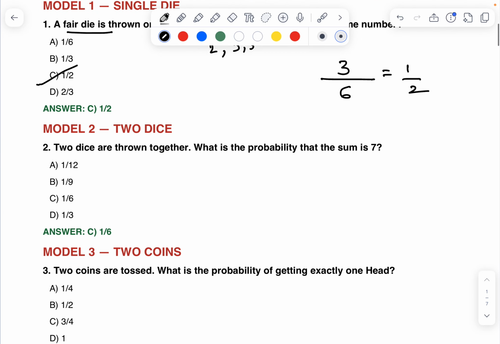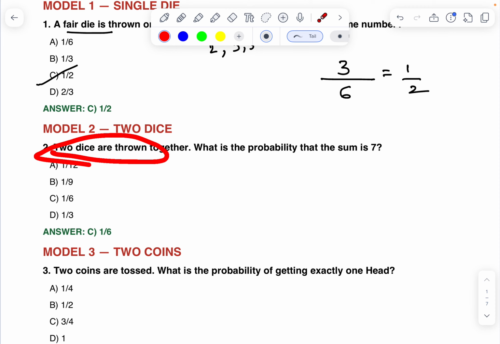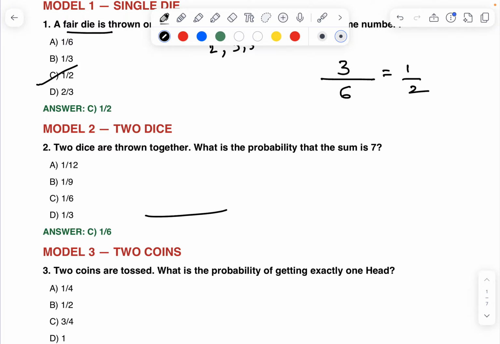Next, two dice thrown together. What is the probability that the sum is 7? In this question they are given two dice are thrown. Total outcomes 6 into 6. Here they are asking what is the probability of the sum is 7.